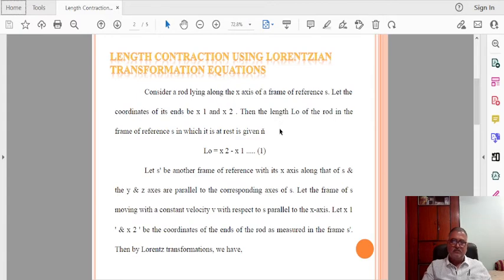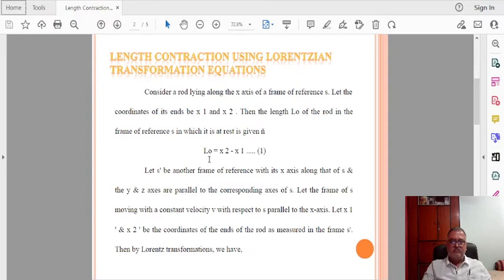The length L0 of the rod in the frame of reference S, in which it is at rest, is given in this way. Now see the equation.